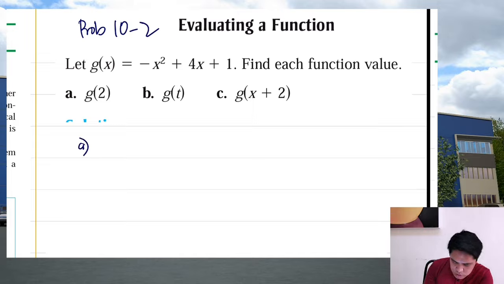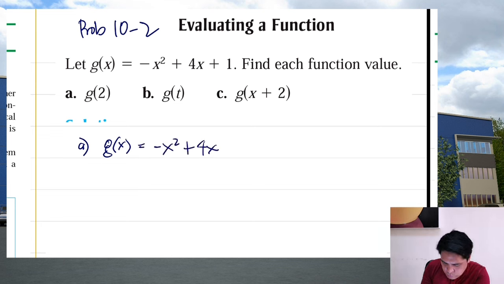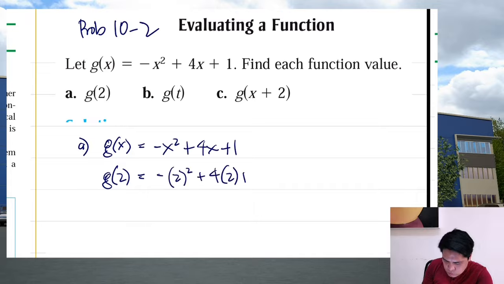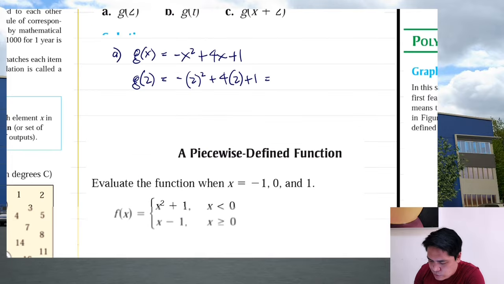So, for letter A, let's write g of x is equal to negative x squared plus 4x plus 1. Then if we replace x with 2, that would be negative 2 squared plus 4 times 2 plus 1. Let me fix my penmanship.